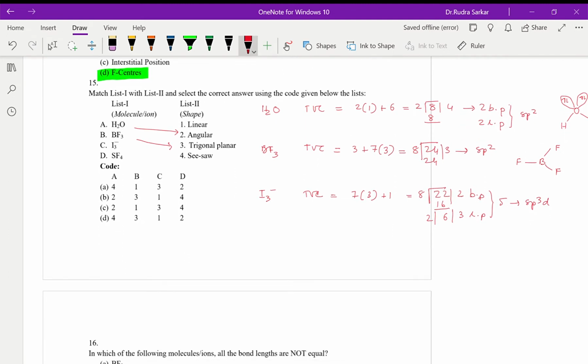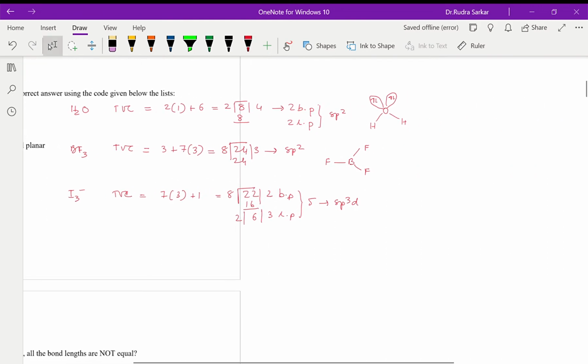However, for the structure of I3 minus, we have to follow Bent's rule, in which lone pairs are placed on orbitals having more s character, that is the sp2 lobes.